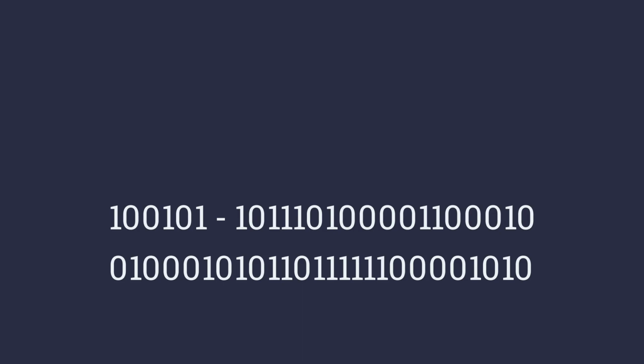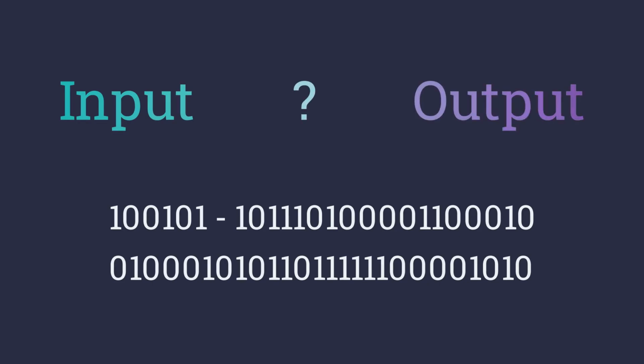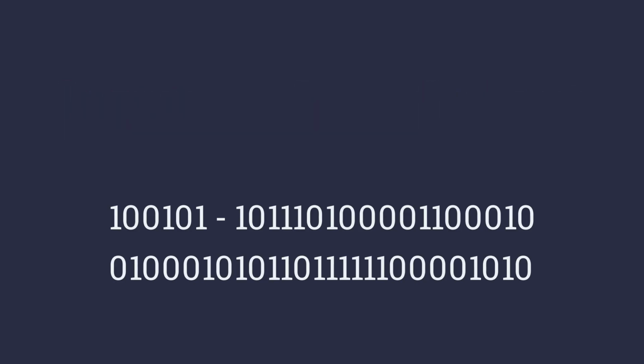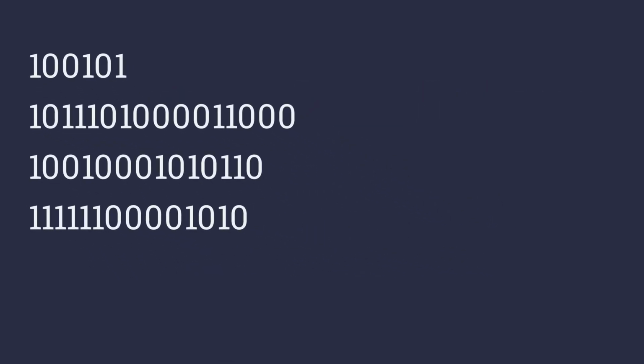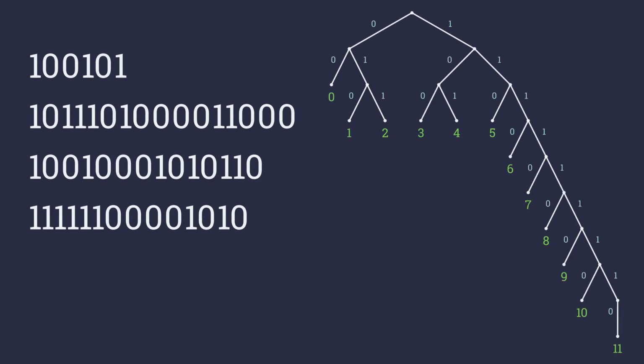Now, let's decode. We will compare the input and the compressed version at the end of this video. First off, we know that the 00 coefficient was encoded using a different tree. So let's bring it up. We start reading the bits and simultaneously decode them.